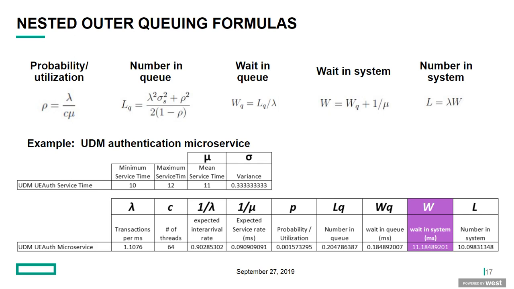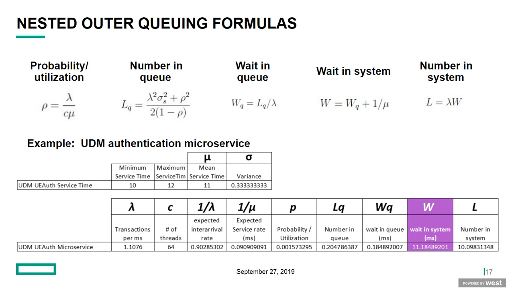Before I take you through some of these nested queuing formulas, I have some additional terms to introduce. C basically represents the number of active threads, and in this example, I'm using a 4-core container with 16 threads per core for a total of 64 threads.